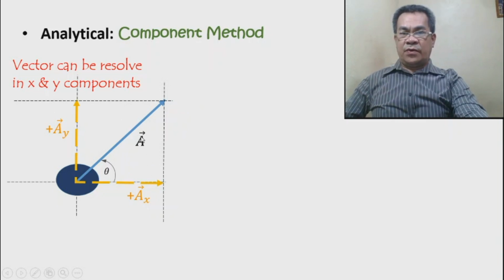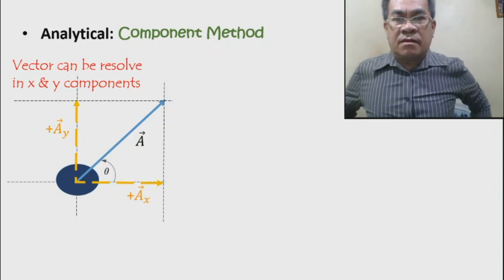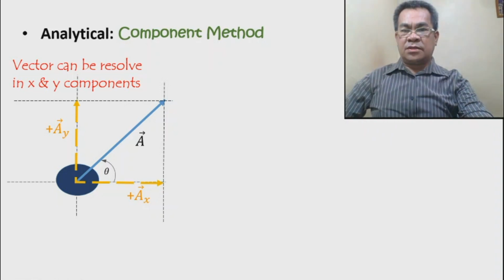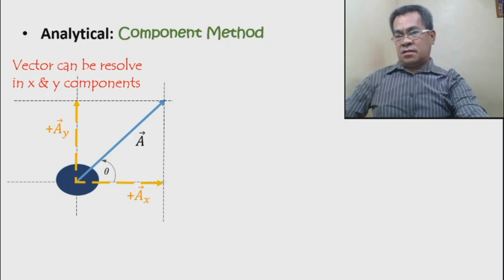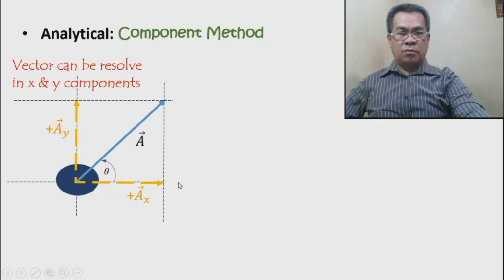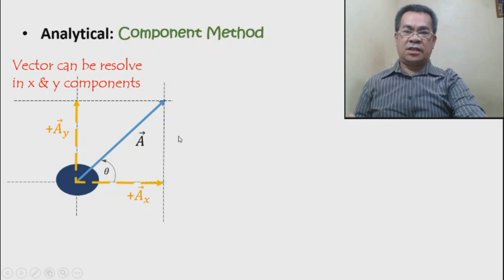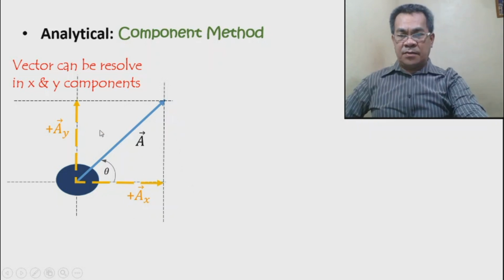So we need to know the magnitude of the components, and that's the process of the component method. Therefore, we will discuss first how to compute the components. Then after that, I will give you the steps on how to compute the vector sum using the component method. Very easy method. Okay?